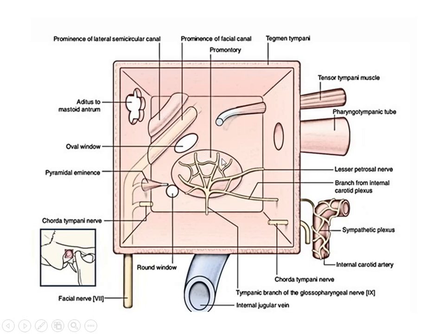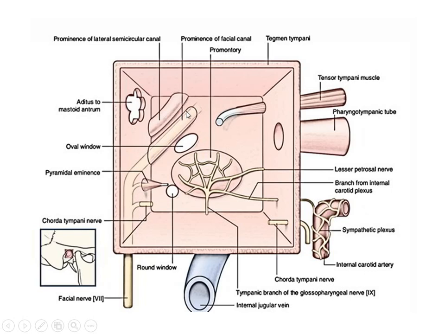The medial wall has a prominence called the promontory, and the prominence of the lateral semicircular canal, adjacent to the facial nerve. This is the lateral semicircular canal prominence.